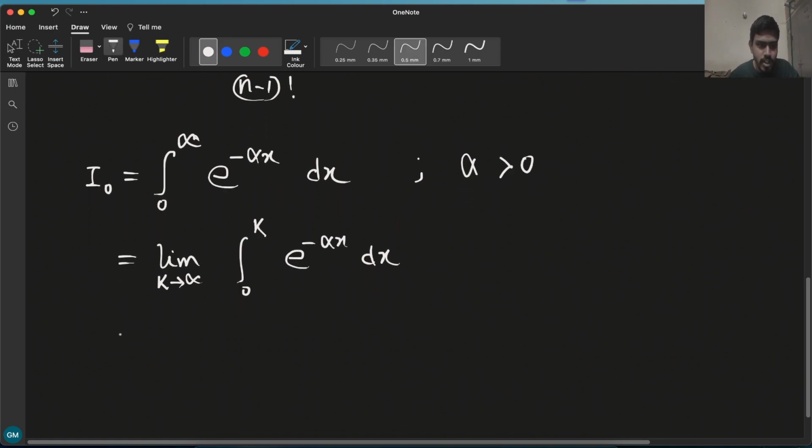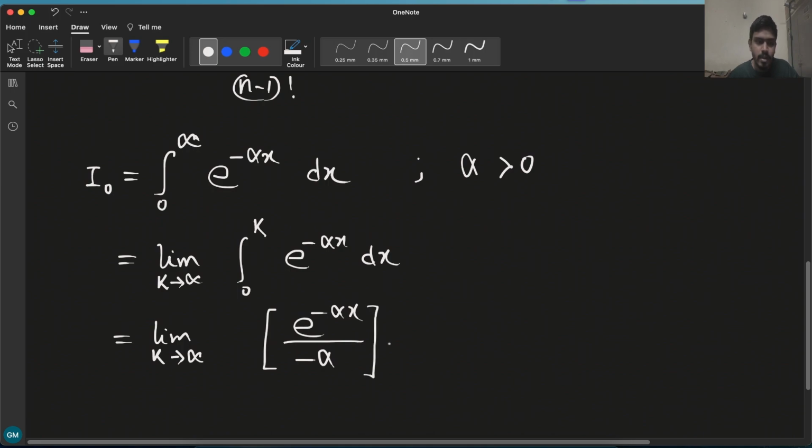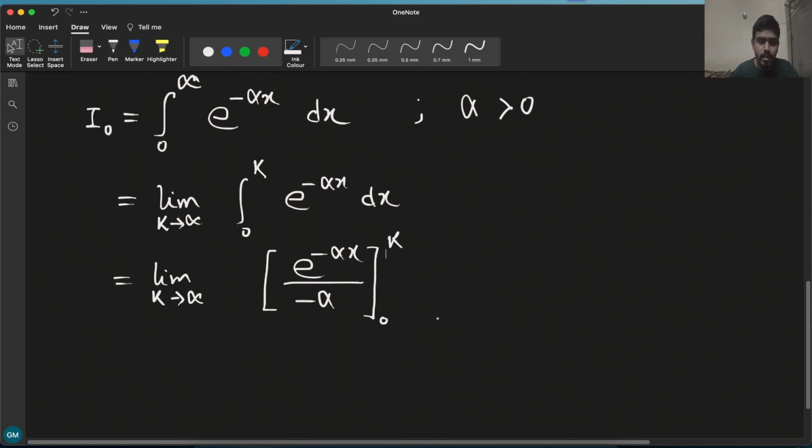And if I do this integration, then it is limit k tends to infinity, e to the power minus alpha x divided by minus alpha, where the lower limit will be 0 and the upper limit will be k.